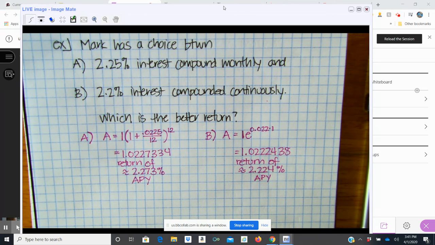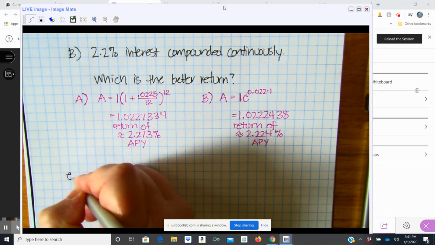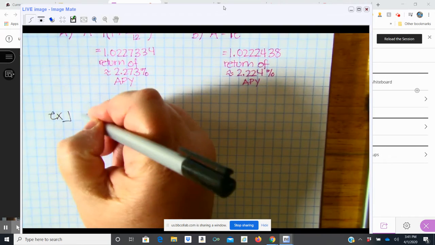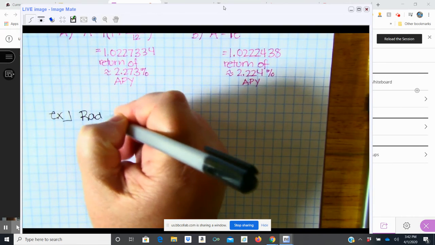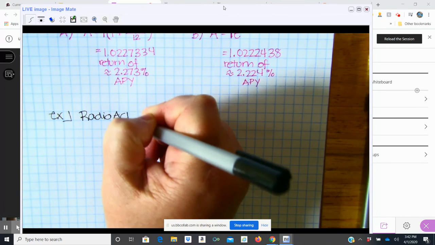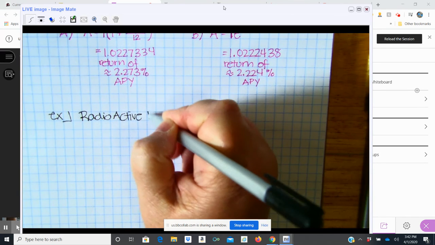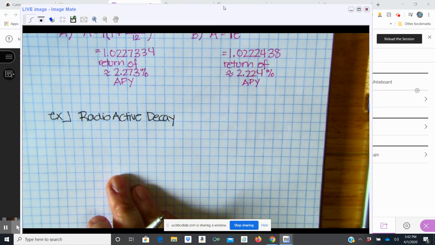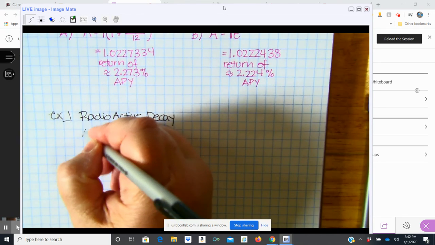Okay. Then let's try radioactive decay. All right.